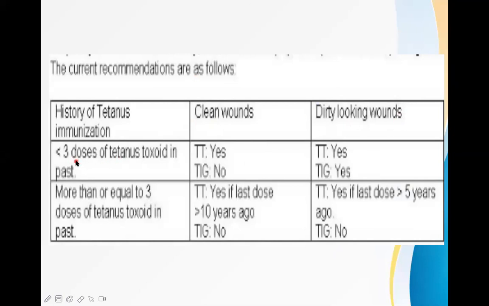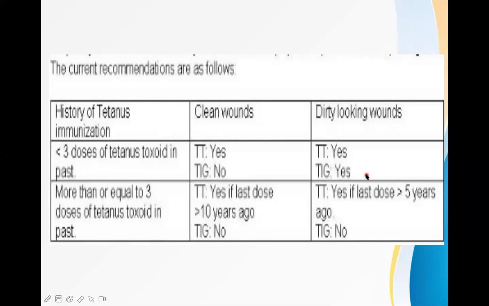If 3 doses of tetanus toxoid were not taken in the past, or the patient has taken less than 3 doses of TT, and comes to the hospital with a clean cut wound, we need TT, but TIG is not necessary. So TT is given, but there is no need of tetanus immunoglobulin. This is the important point.